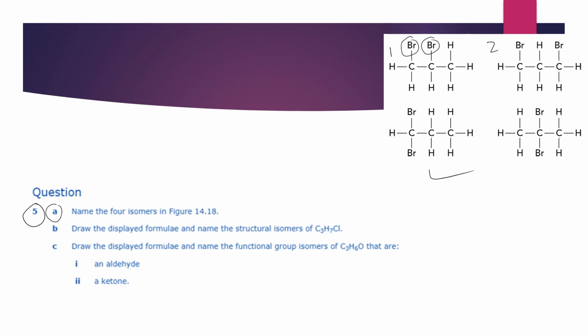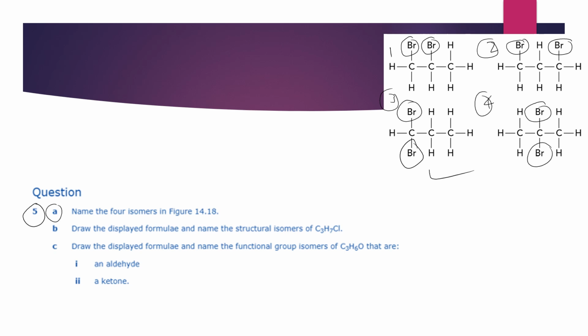And then number 2 is 1,3-dibromopropane. Number 3 is 1,1-dibromopropane. And number 4 is 2,2-dibromopropane.